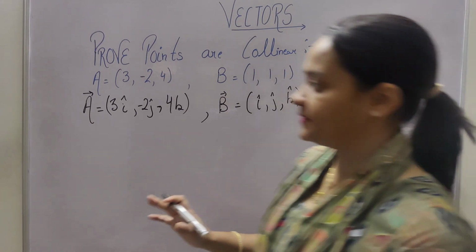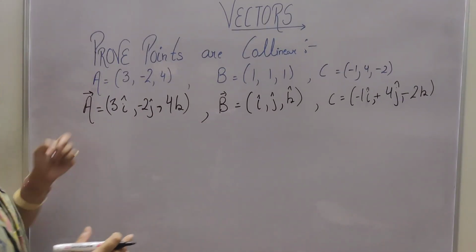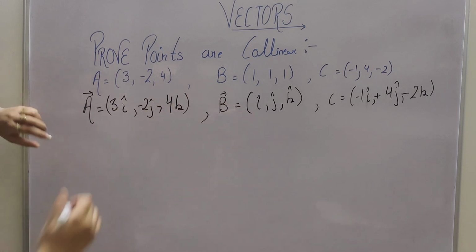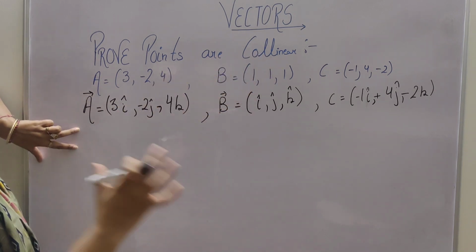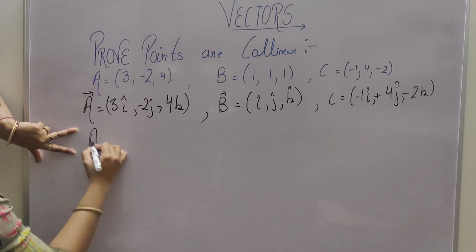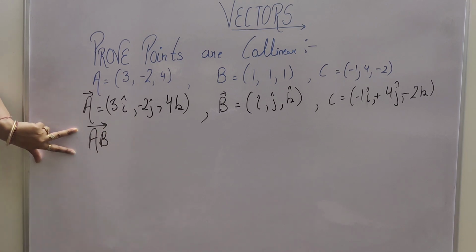So we have written all these points as I, j and k. So firstly, if you want to prove the points collinear or not, firstly you have to calculate AB vector.